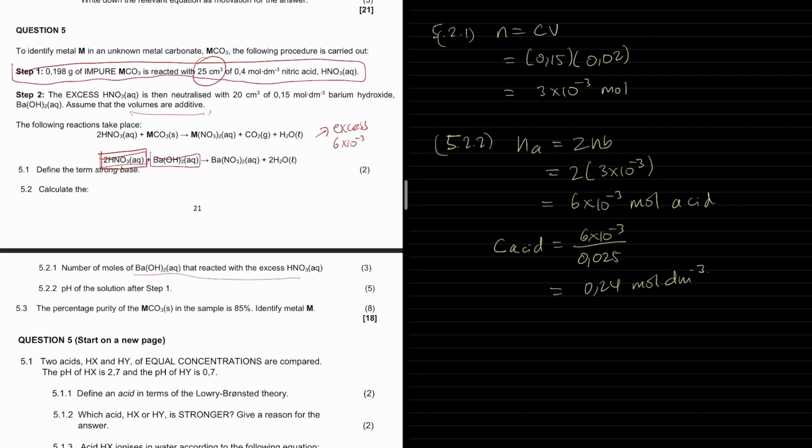Now, if they want the pH, we need the concentration of the H3O+. HNO3 is a strong acid and it's monoprotic, which means that the concentration of the HNO3 is going to be the concentration of the H3O+. So pH is going to equal minus log of 0.24, which gives me a pH of 0.62.